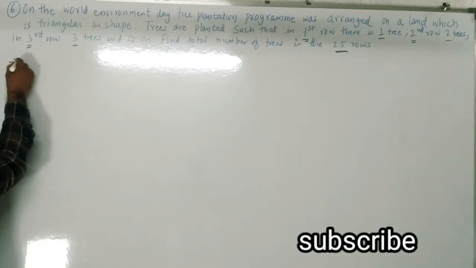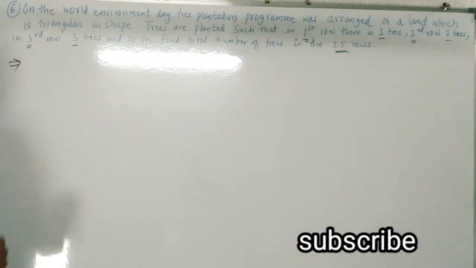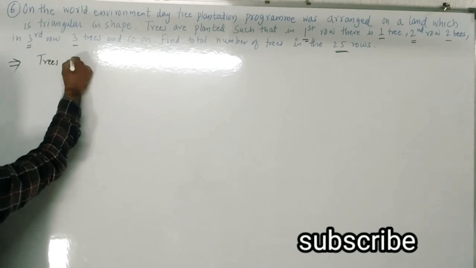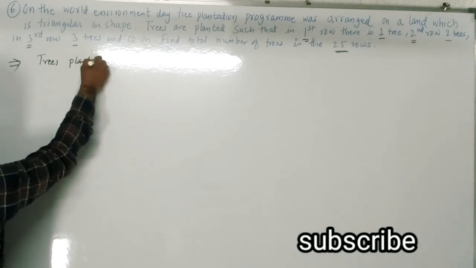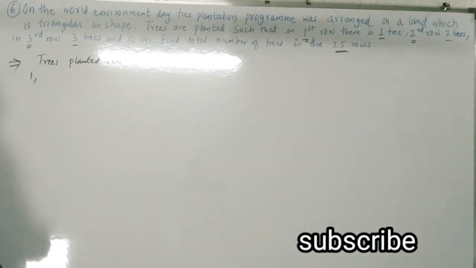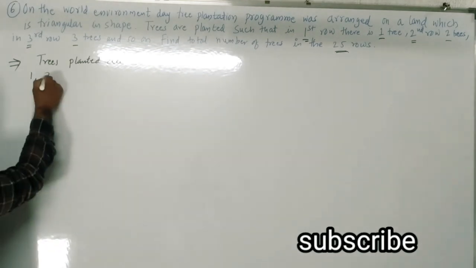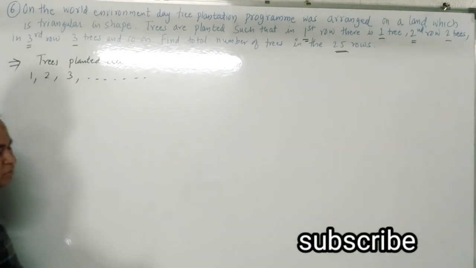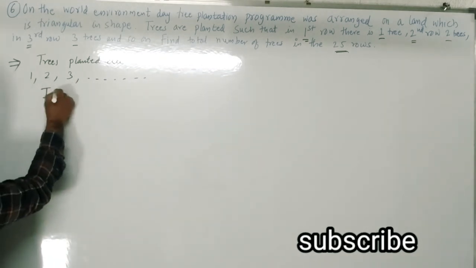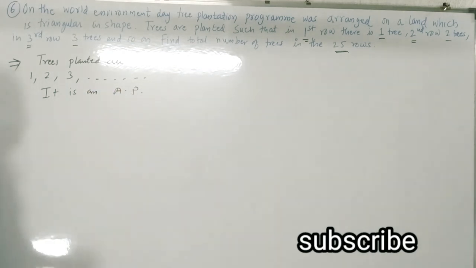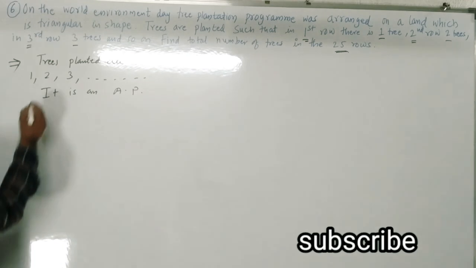So, here the trees planted are in first row 1 tree, second row 2, 3, and so on. So, the sequence is an arithmetic progression.